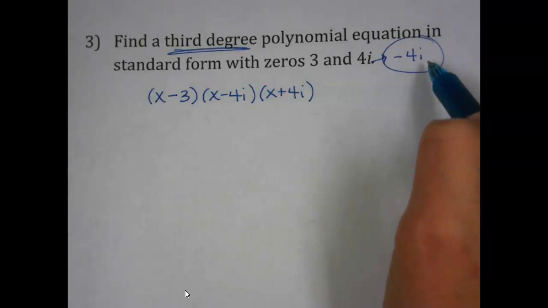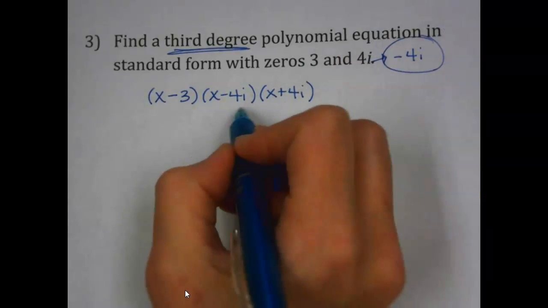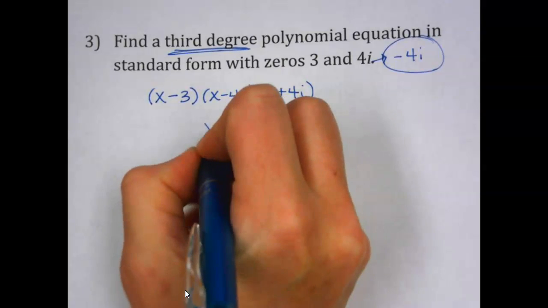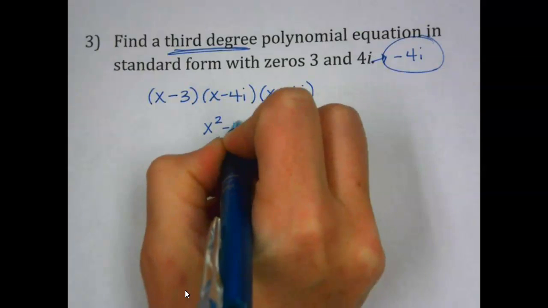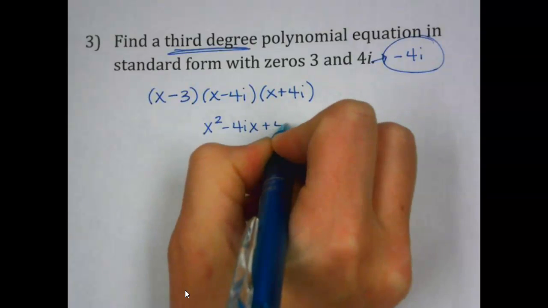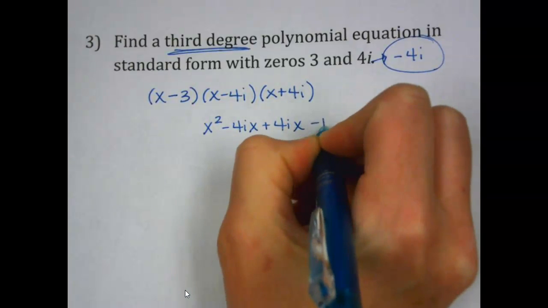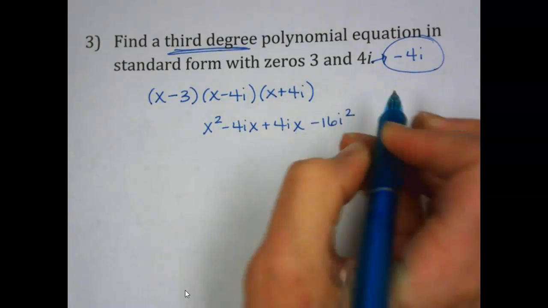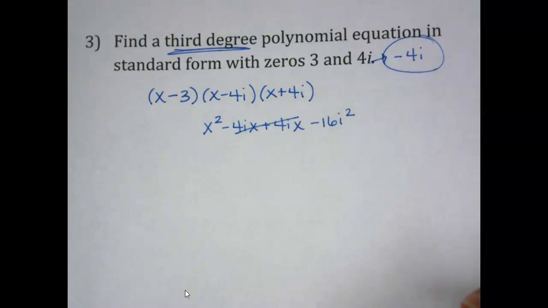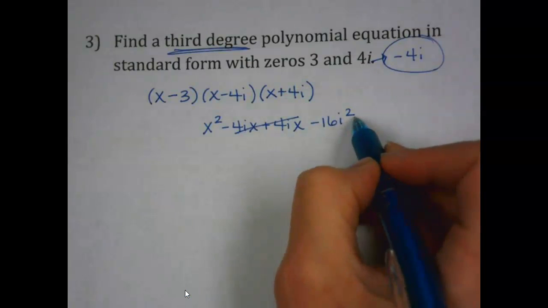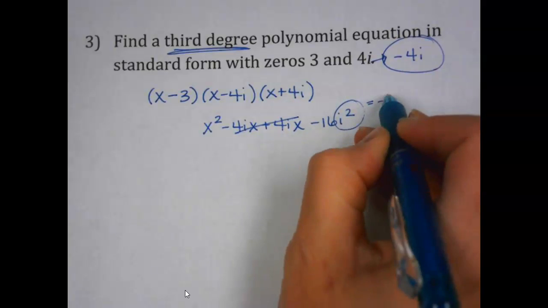Now we're going to multiply. So I'm going to multiply these two conjugates first. So I get x squared minus 4ix plus 4ix minus 16i squared. The middle terms would equal 0. I squared, if you recall, equals negative 1.